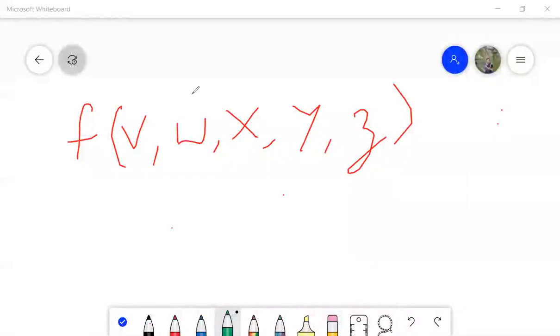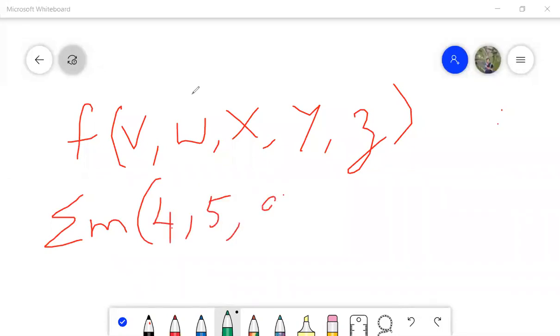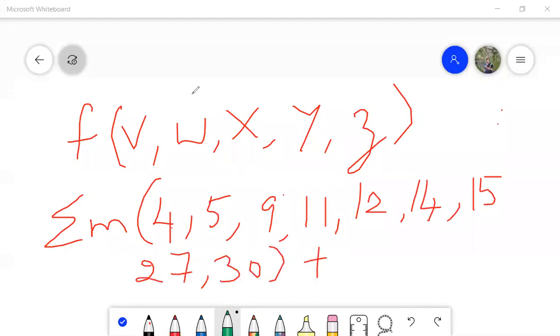Now in this K-map, let me take an expression in sum of products, summation m of 4, 5, 9, 11, 12, 14, 15, 27, 30 plus don't care of 1, 17, 25, 26 and 31.